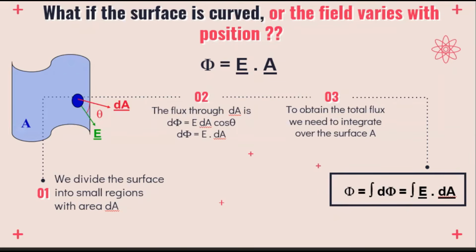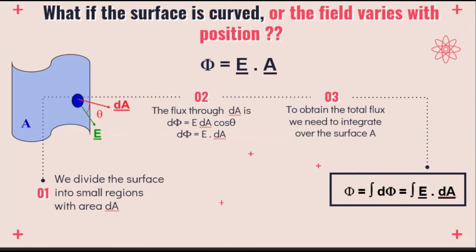So, the flux through that small part of the surface, using that differential area, we can calculate d phi, which is equal to E, the electric field vector, multiplied by the differential of an area, cosine theta. Or, the differential of electric flux is equal to E dot dA.